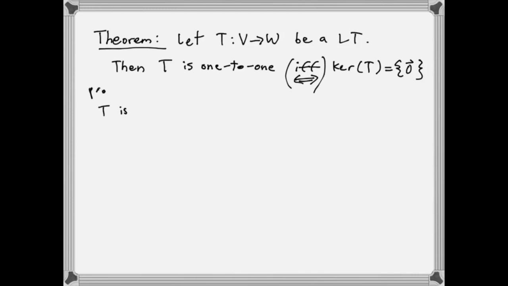So let's do a proof. So the proof, we're going to start with this direction, okay? So that means we're allowed to assume that T is 1-to-1.